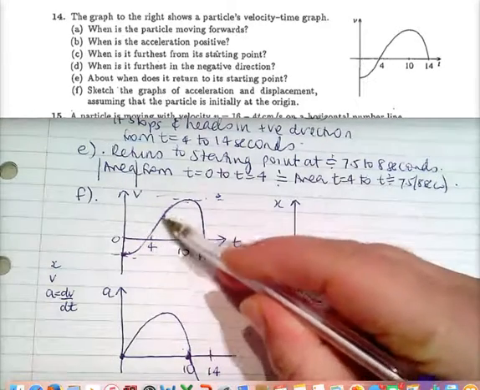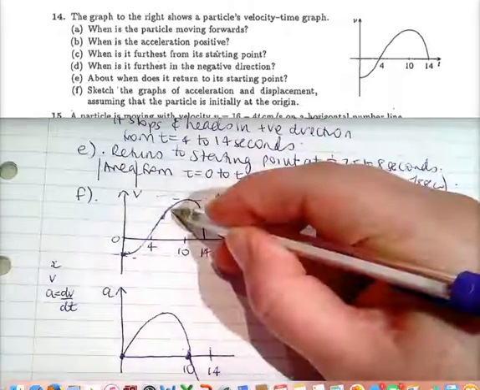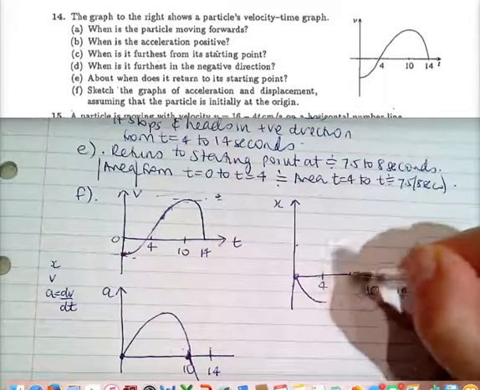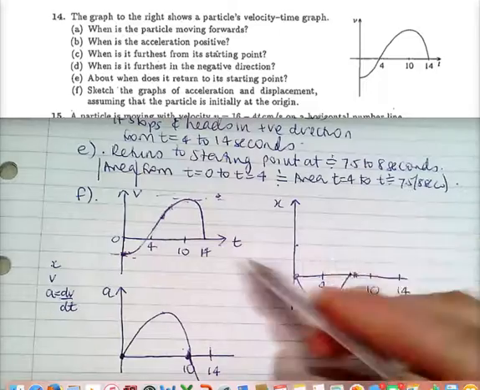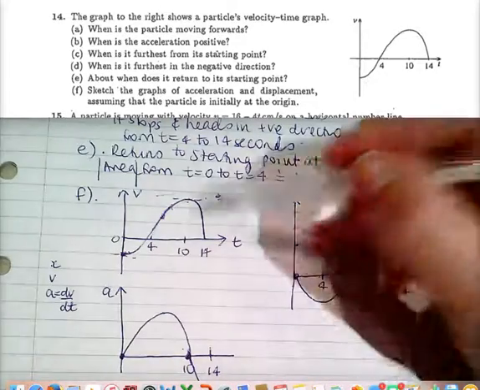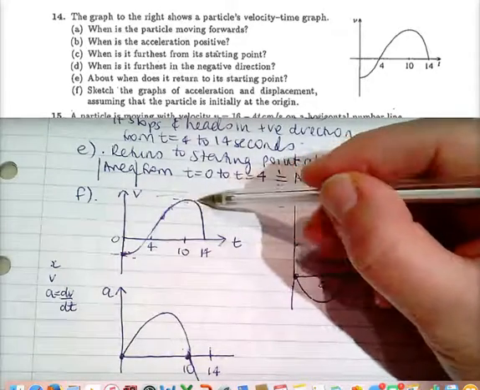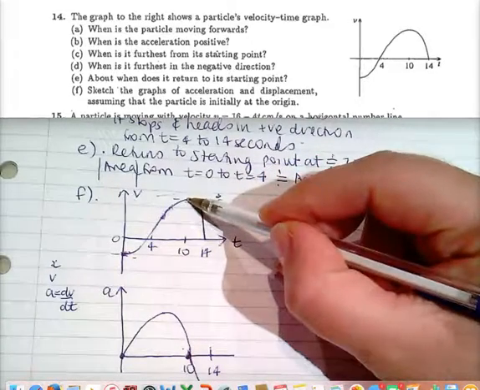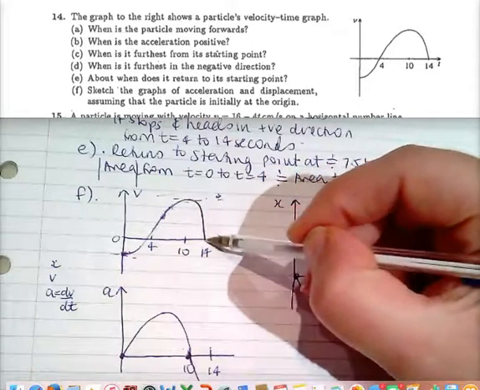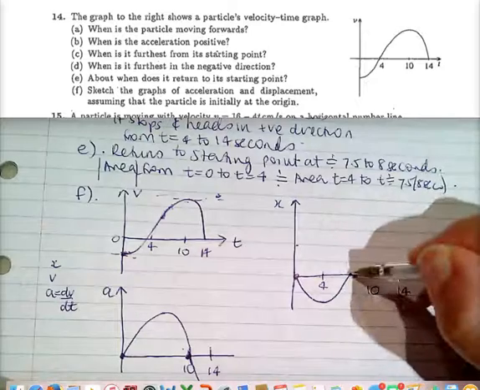But then here the velocity is positive, and we said at about, I think, 7.5 to 8 seconds that it would come back to its starting point, okay? And then it keeps traveling, and at time 10 seconds, it's still positive velocity, but it's slowing down, okay?